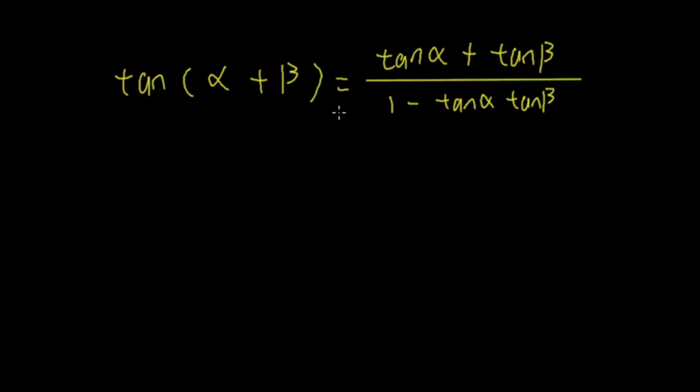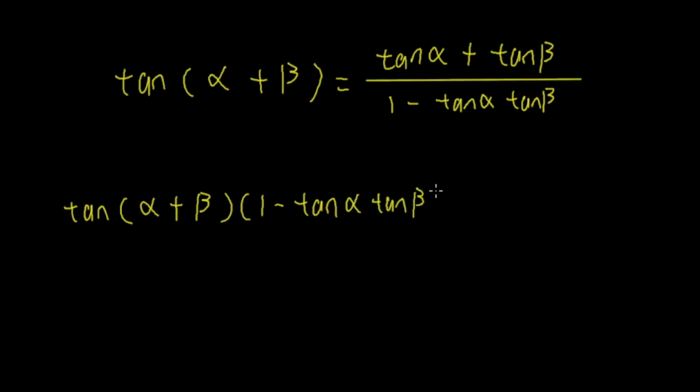Now, multiply both sides by 1 minus tan alpha tan beta. So we have tan alpha plus beta times 1 minus tan alpha tan beta is equal to tan alpha plus tan beta.